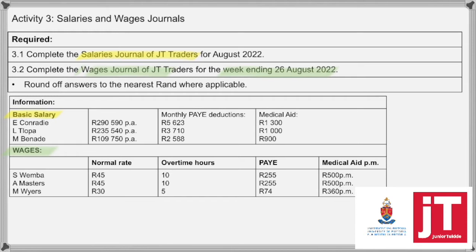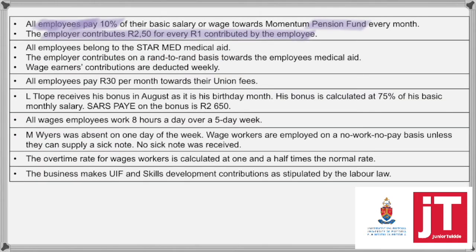Let's look at the salaries journal step by step. First, the additional information. They say all employees pay 10% of their basic salaries or wages towards Momentum Pension Fund. The employer contributes R2.50 for every R1 contributed by the employee.